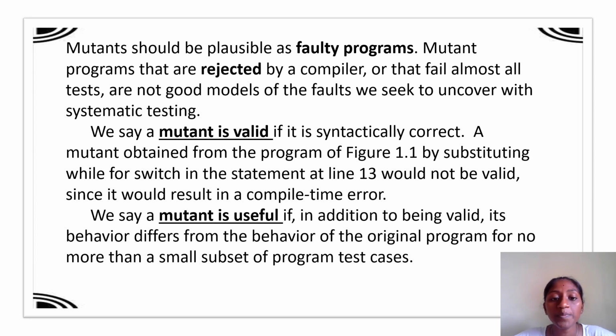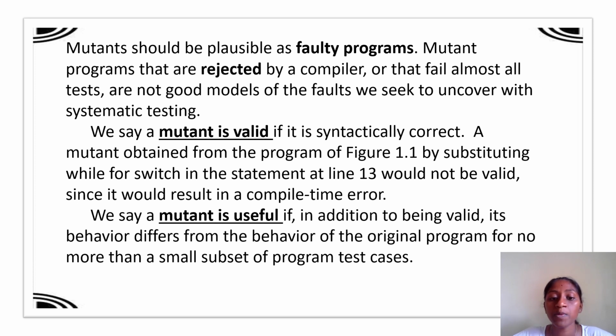We say a mutant is valid only if it is syntactically correct. A mutant obtained from the program of figure 1.1, which is in the next slide, by substituting while for switch in the statement at line 13 would not be valid since it would result in a compile time error.